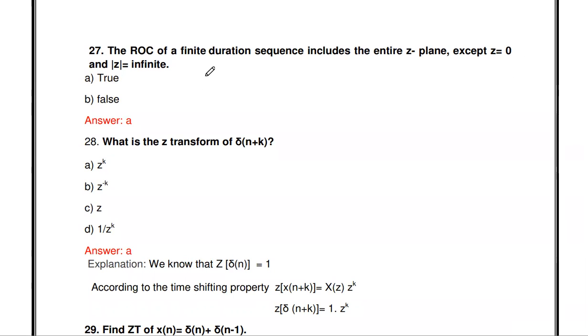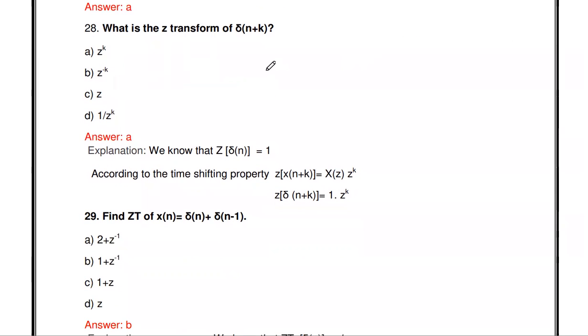If you are calculating the Z transform of one finite duration sequence, for example x of n equal to 1, 2, 3, and you calculate the ROC, then the ROC of the finite duration sequence includes the entire Z plane except Z equal to 0 and Z equal to infinity. It's true only.